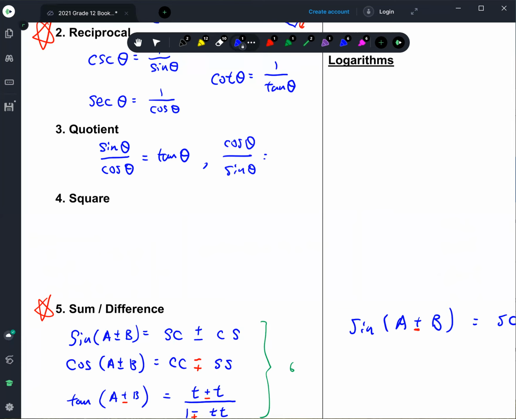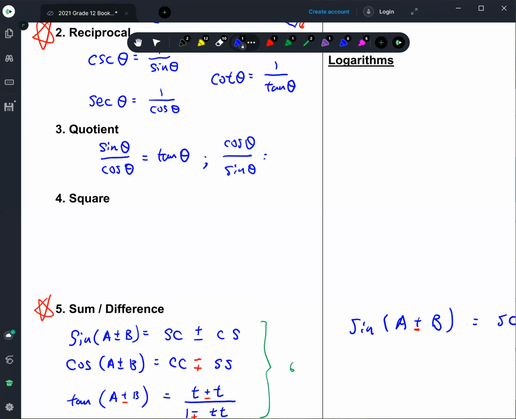Wait, if it's sine over cosine, and you flip it, you do the reciprocal, right?